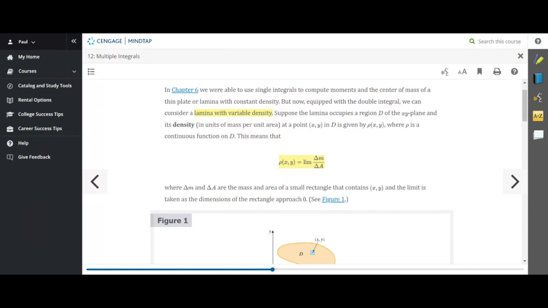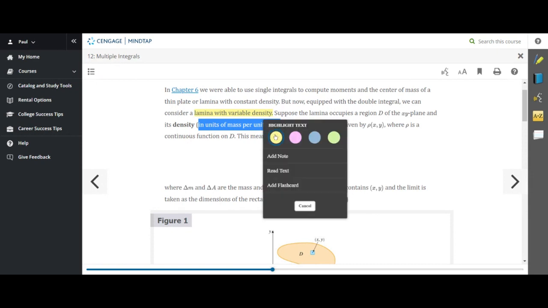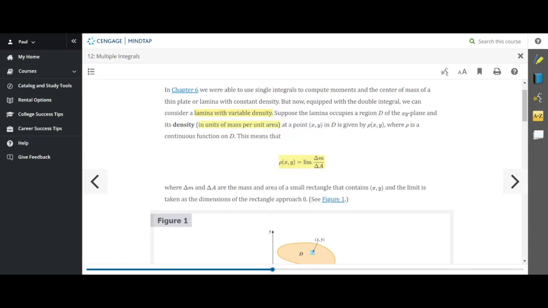So we're not talking about a lamina with constant density. Well, it could have constant density, but we want to allow for the lamina to have varying density throughout the region. And by the way, the units, I'll highlight this here now, the units we're talking about are mass per unit area.